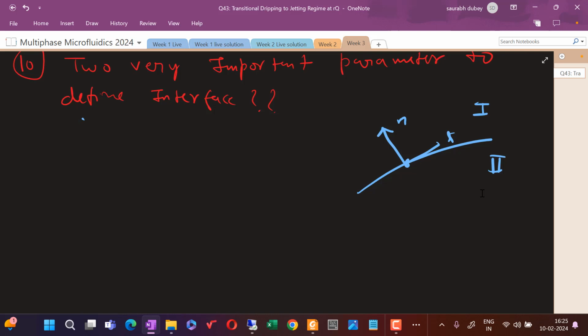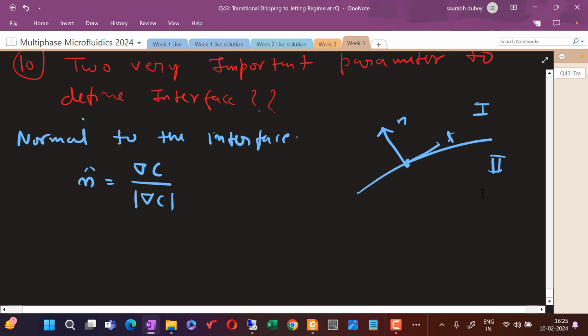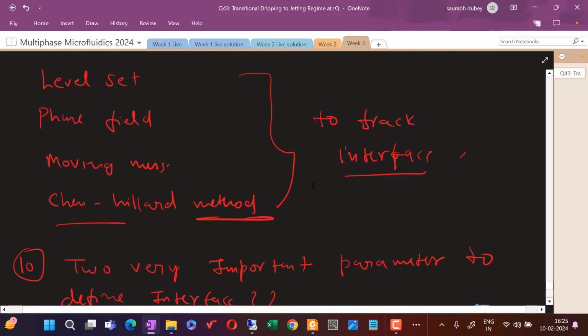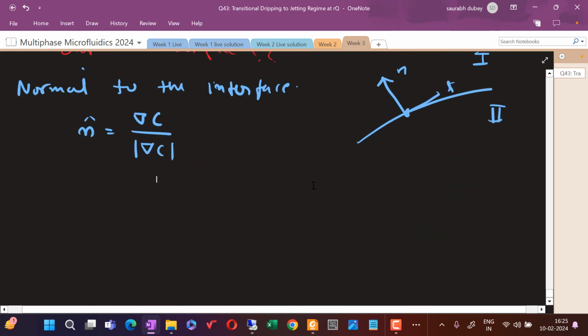So the most important thing about this interface is its curvature and its normal. That will define it. So the normal to the interface is defined as n equals grad of color, or grad of psi.